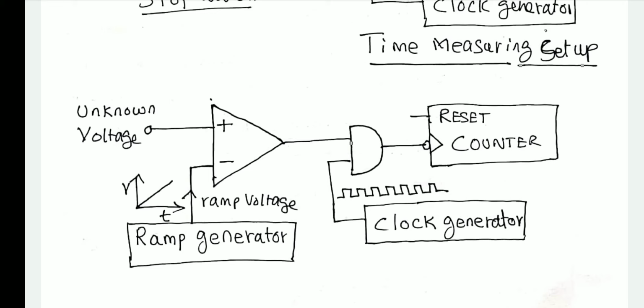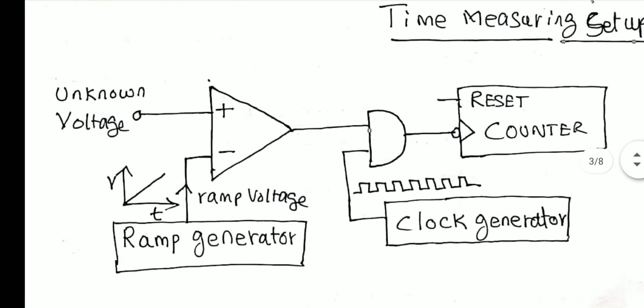It starts to increase from 0. So initially the comparator output is positive, gate open. So the 1 megahertz pulse is coming here and the counter starts to count, and it keeps on counting until this ramp voltage becomes 2 millivolt. When it becomes 2 millivolt, equal to the unknown voltage, the comparator output is 0 and the gate closes.